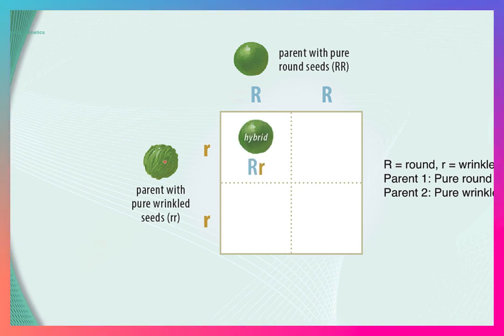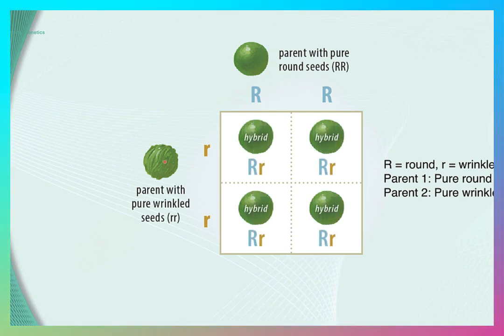Then when you fill this in, what you end up with is 4 offspring, all of which have one dominant allele and one recessive allele. And that's what's known as a hybrid. So the first generation of the cross between a homozygous round seed and a homozygous wrinkle seed is 4 round-seeded plants.